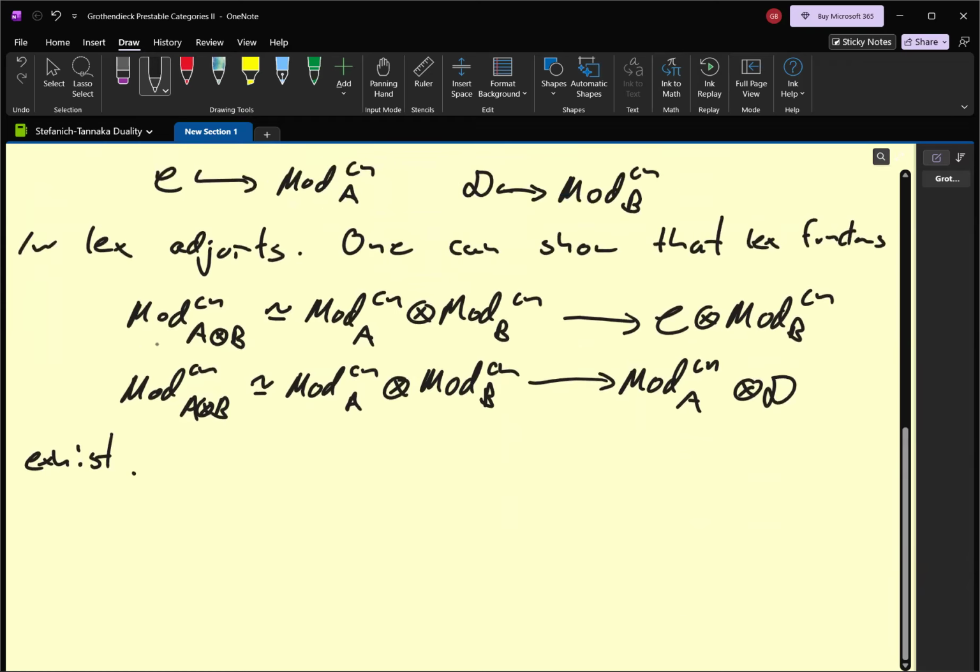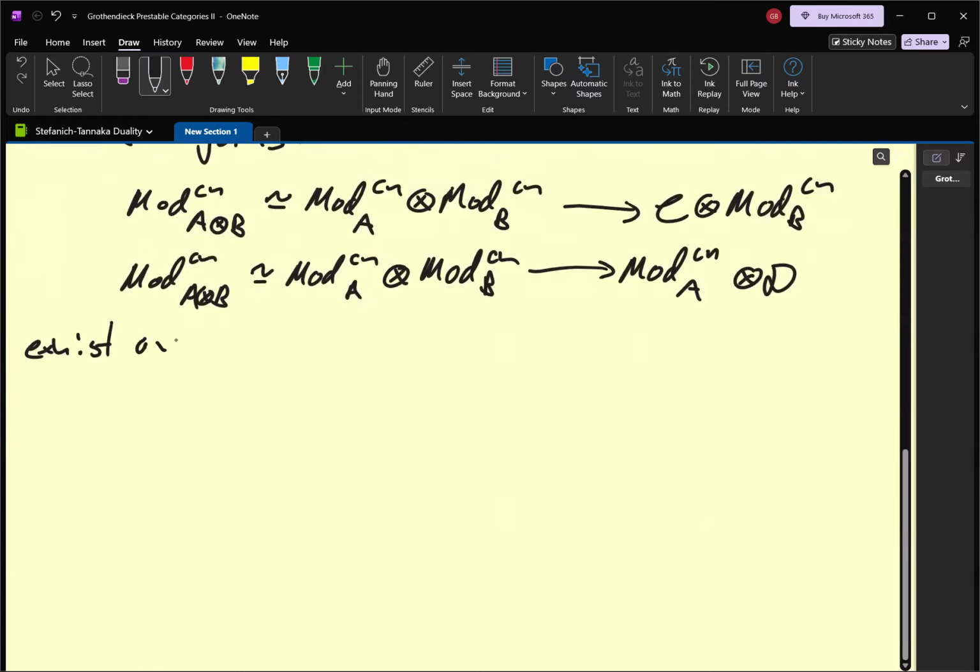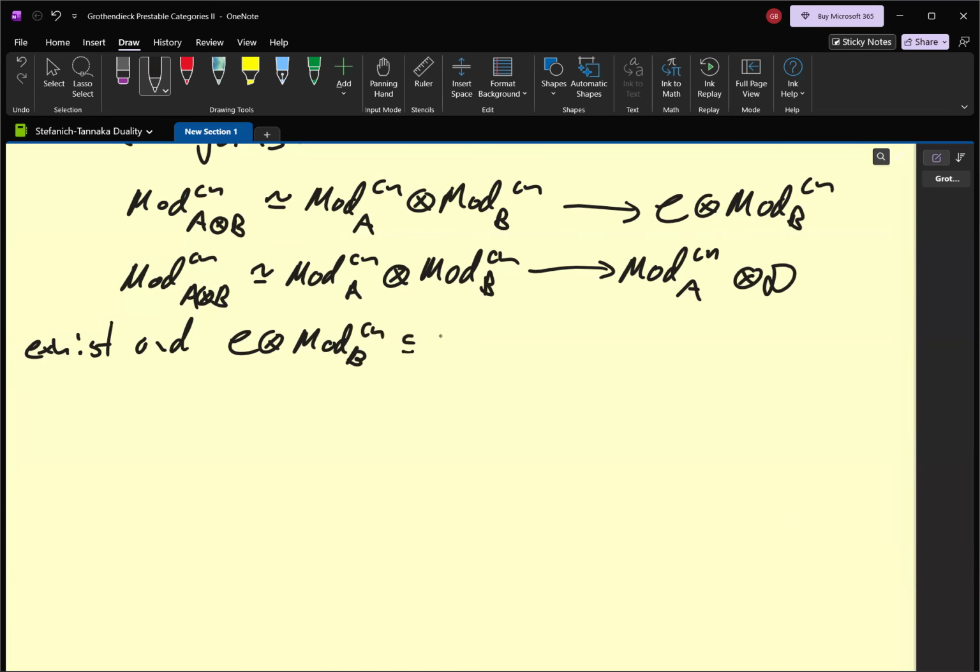Maybe this is fixable. So the point is now that C tensor Mod_B in here is fully faithful, and similarly, identically, for D.